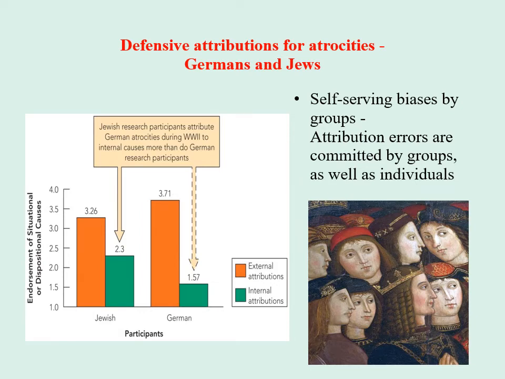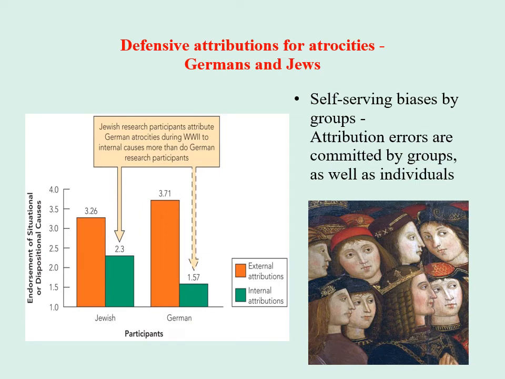This study shows that there are important self-serving biases in attributions as a result of group membership as well. In this study, Jewish and German participants were asked to give internal or external explanations for atrocities committed by the Germans during World War II. The red column indicates external attribution and the green one internal.